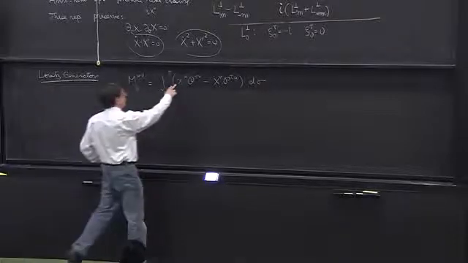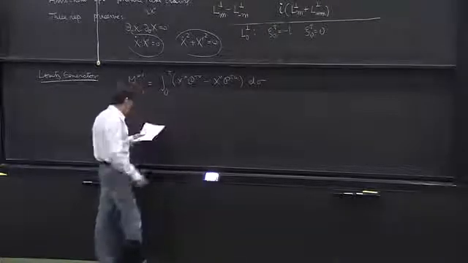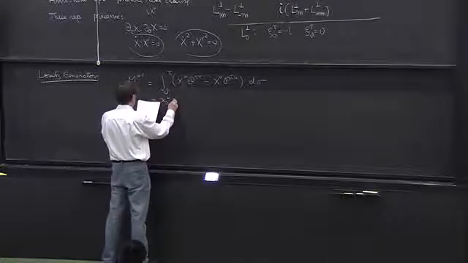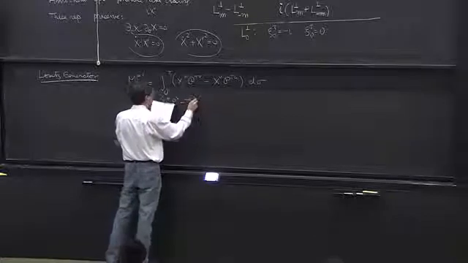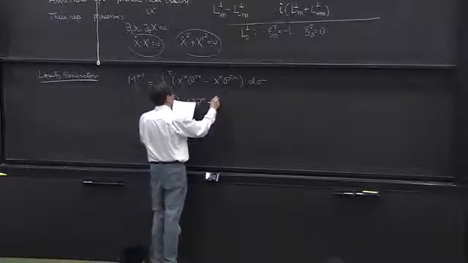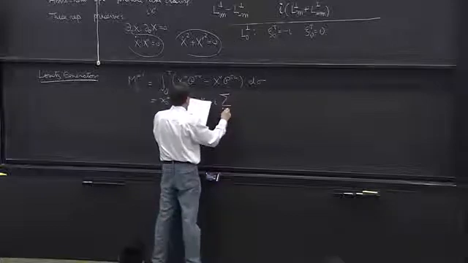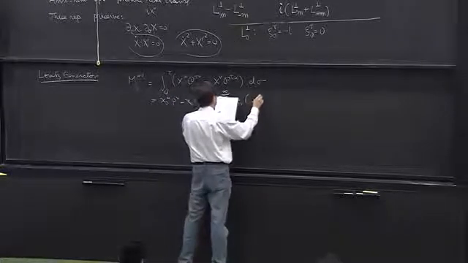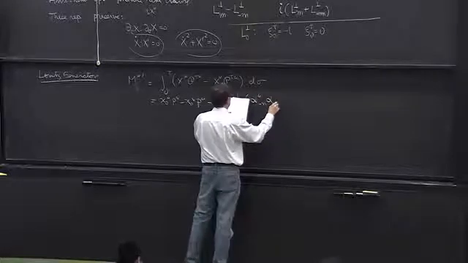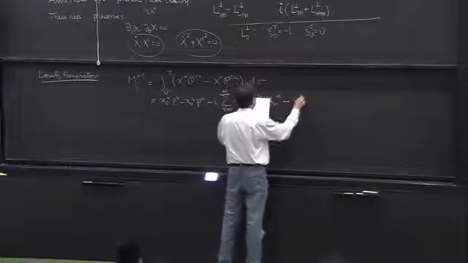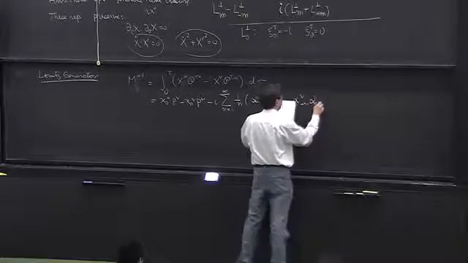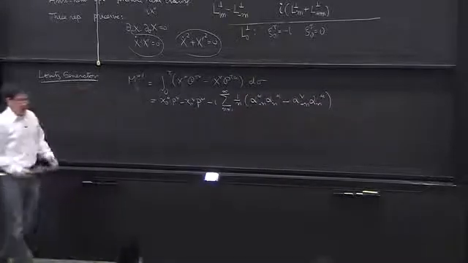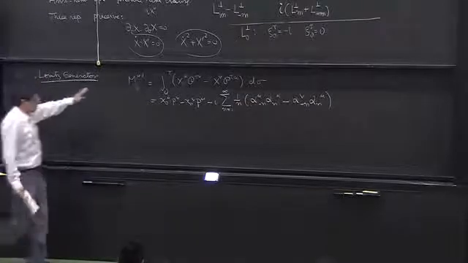Well, we have the oscillator expansions for the coordinates, and we can write a formula. It will take this form: x0^μ p^ν minus x0^ν p^μ minus i times the sum from n equals 1 to infinity of 1 over n, (α_{-n}^μ α_n^ν minus α_{-n}^ν α_n^μ).